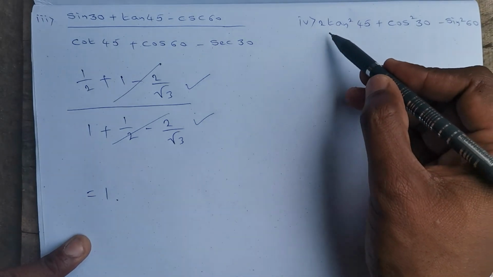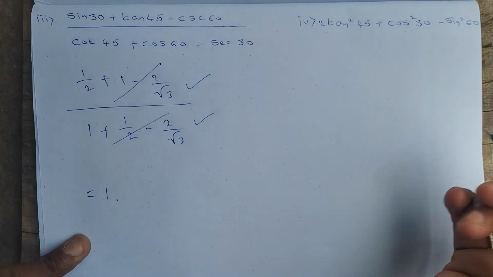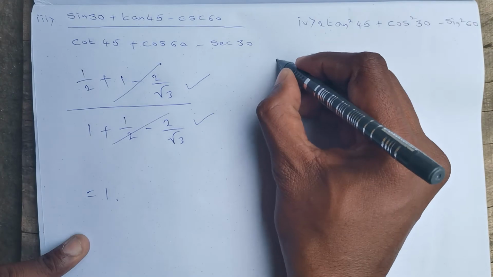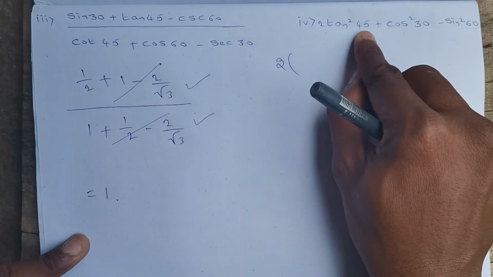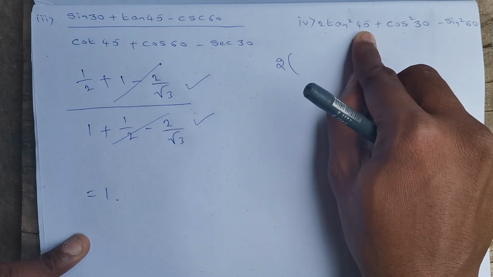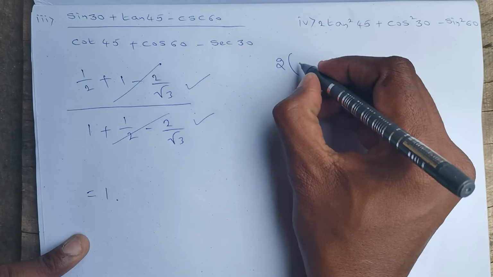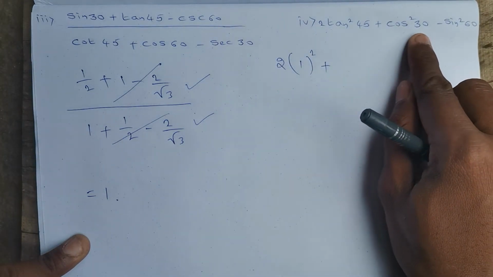Next, 2 tan square 45 plus cos square 30 minus sin square 60. Here 2 is there, so 2 as it is into tan square 45. Tan square 45 is nothing but tan 45 whole square. So tan 45 value is 1, whole square, plus cos square 30.